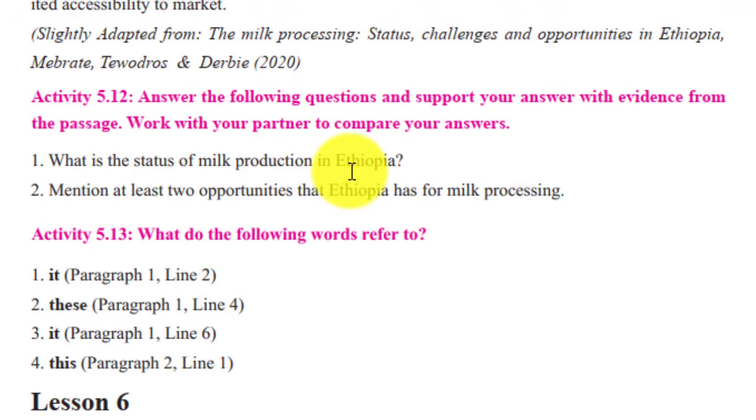For instance, as the passage talks about a poor status እንዳለ ያሳያል, poor ነው ያን ያህል good የሚያስብል አይደለም ነው. Number 2: mention at least 2 opportunities that Ethiopia has for milk processing, ያላት እድል ምንድነው ጥቀሱ ቢያንስ ሁለት.